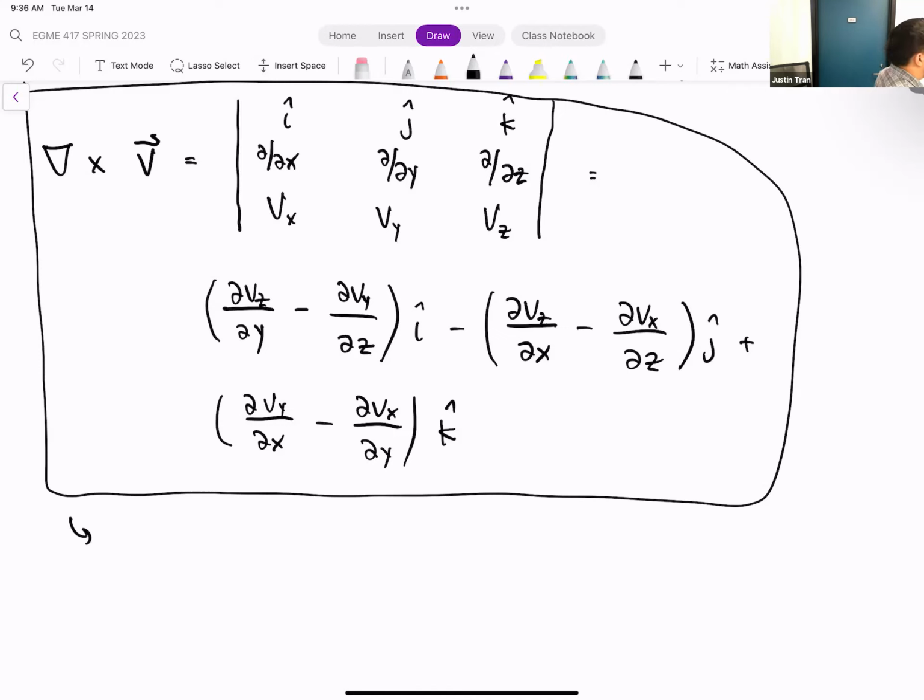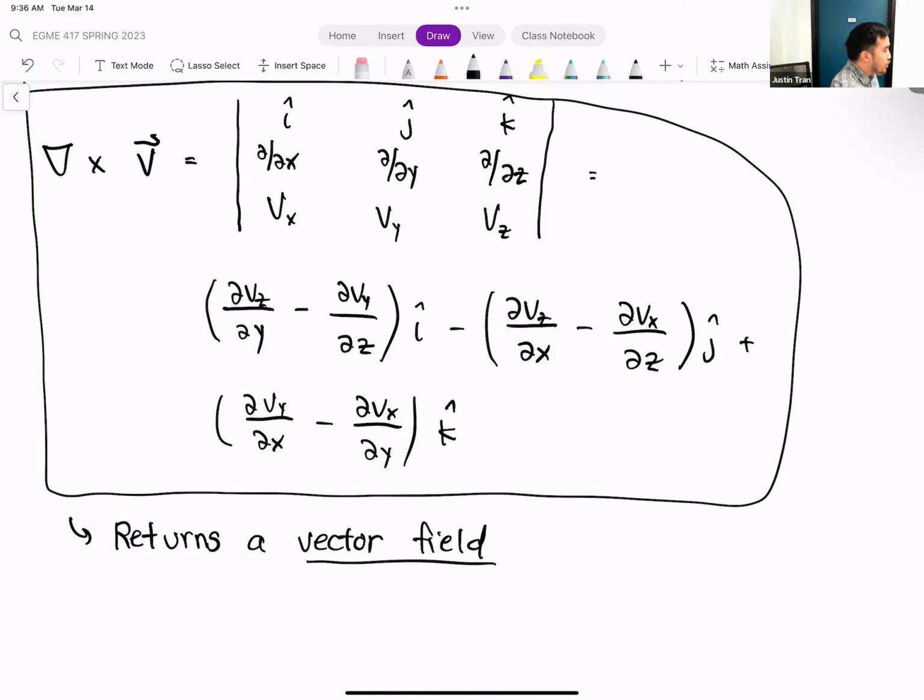And the curl, you take the curl of a vector field, you get a vector field. So we keep the dimensionality.